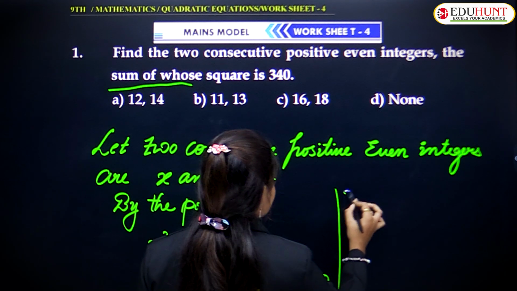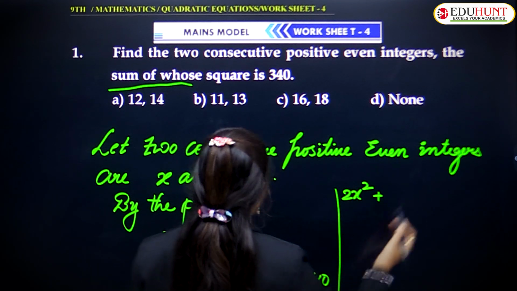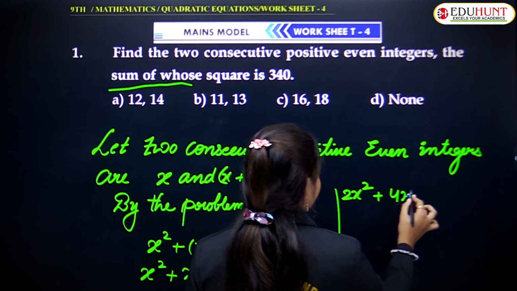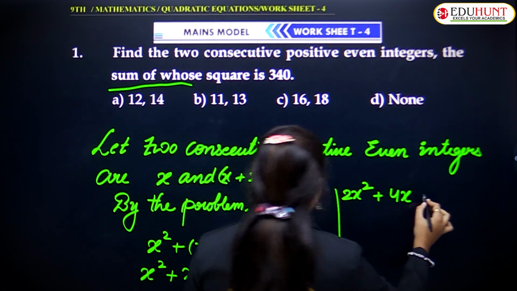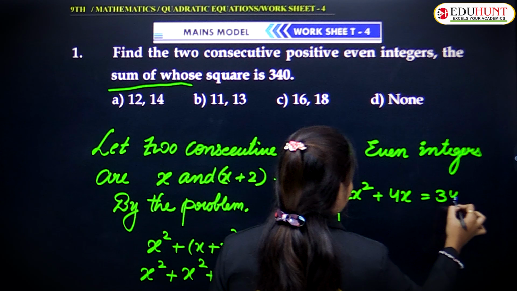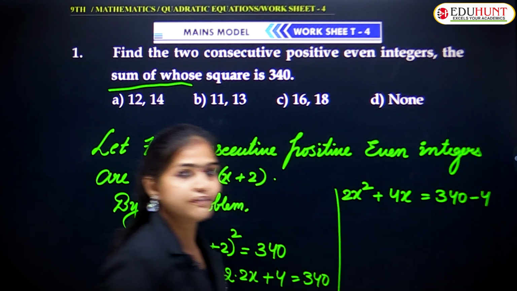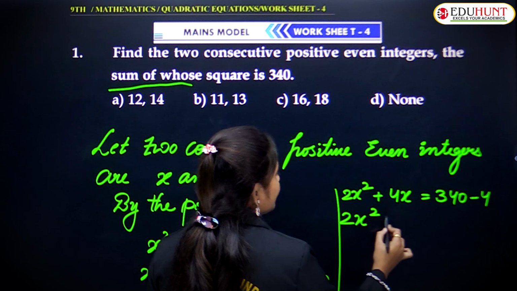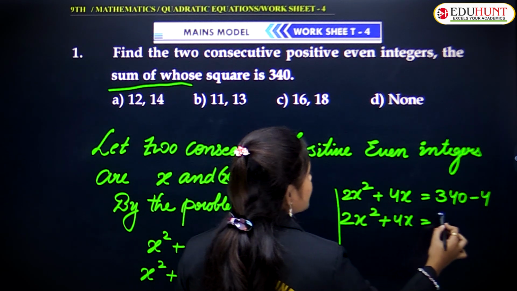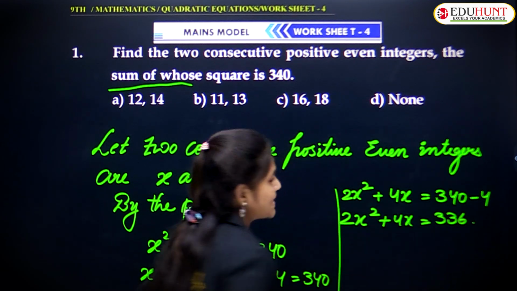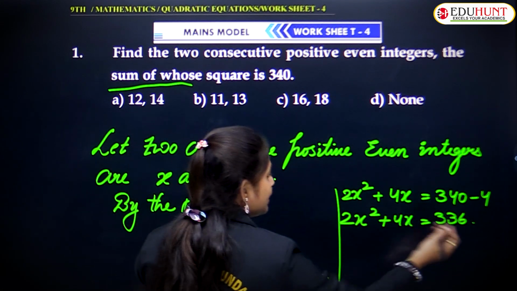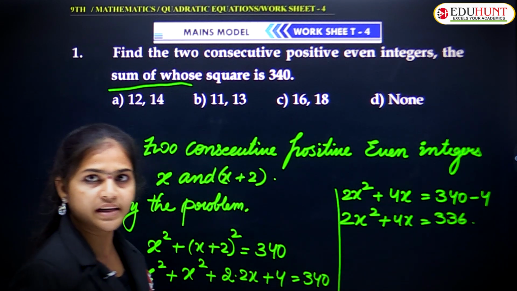So from this, x square plus x square is 2x square, plus 2 twos are 4x, and here it is equal to 340 minus 4. So 2x square plus 4x is equal to 336. From these three values we can take 2 as common, right?